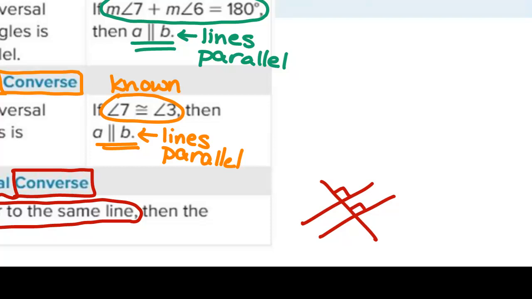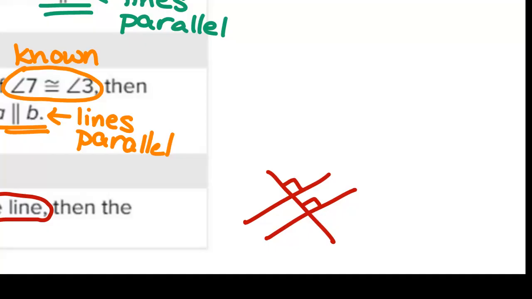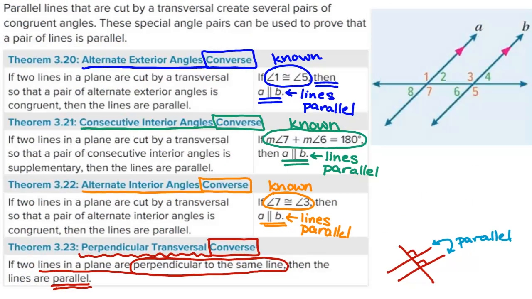So if I have two lines that are perpendicular to the same line, then my two lines are parallel. Let's go ahead and turn the page. Start looking at some examples.